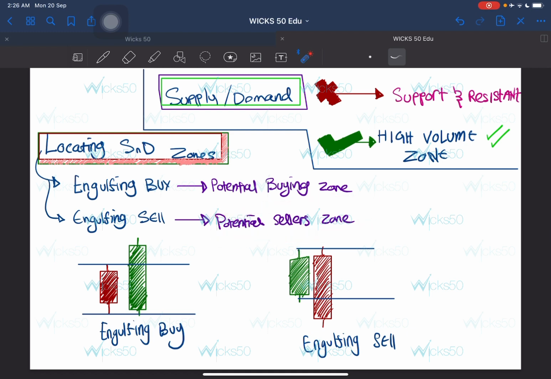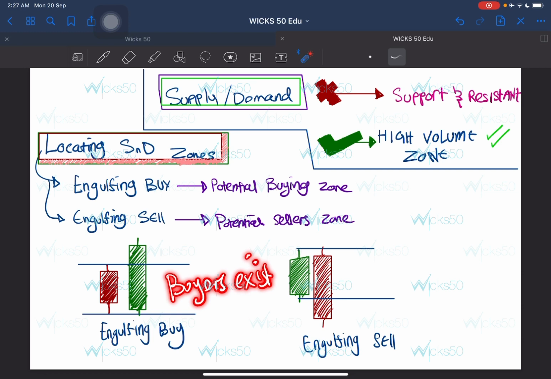So from here, we will be creating a zone called engulfing buy or engulfing sell. So an engulfing buy zone is a zone whereby potentially buyers exist.